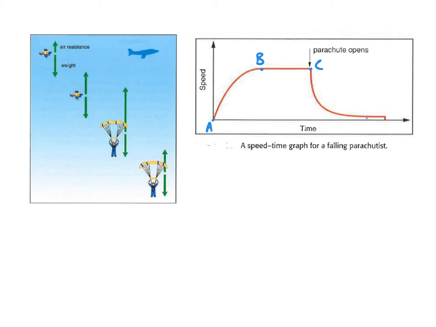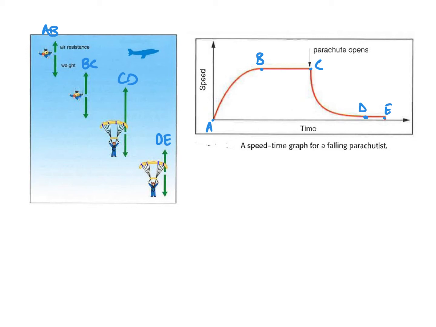I'm just looking for where this one flattens out, probably around about there. Okay, and I'll explain why in a wee second, but that's what's going on during AB, BC, CD, and DE.